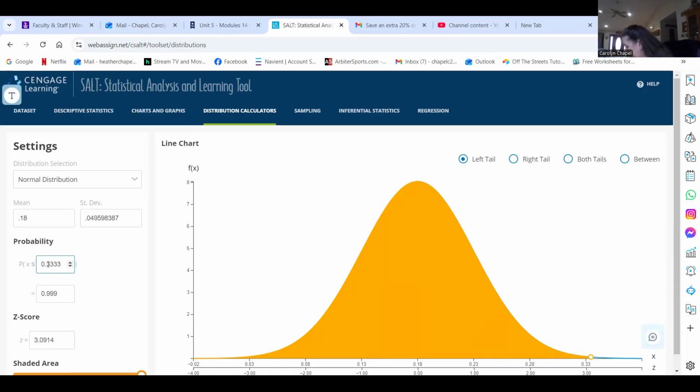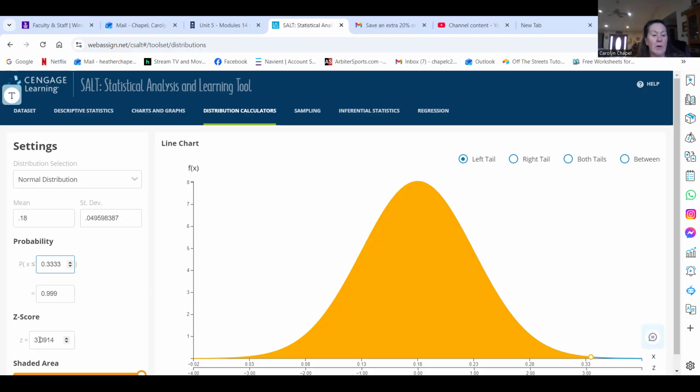And we get that probability is 0.999. Pretty much a for sure thing. But if you think about this, the average is 18%, and we want to know what's the probability that we're less than 30%. So again, quite a bit larger than the mean.